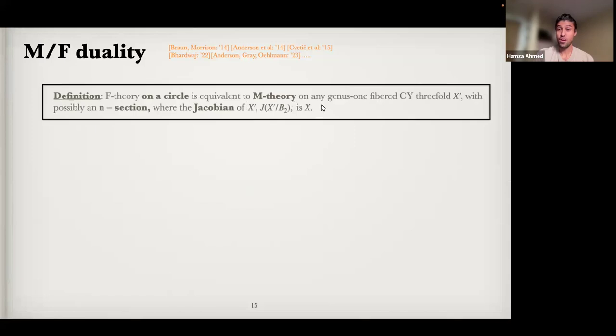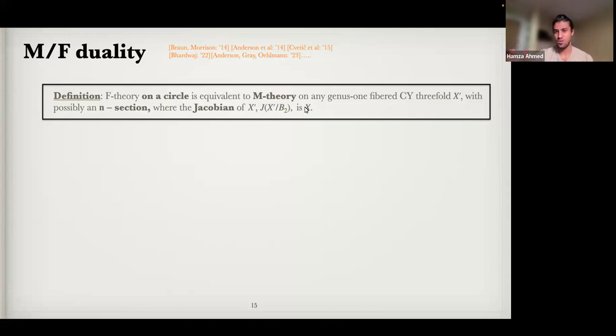It's equivalent to M theory on any genus one fibered Calabi-Yau threefold X prime, with now possibly an N-section. Before, we had a section. F theory requires there to be a section and not an N-section, but M theory has no such restriction. So you put M theory on any genus one fibered Calabi-Yau threefold with an N-section, but it has to be such that the Jacobian of this X prime is precisely the elliptically fibered X that we use in F theory.